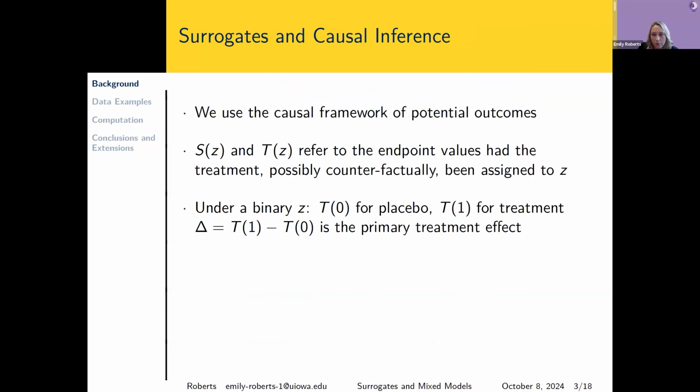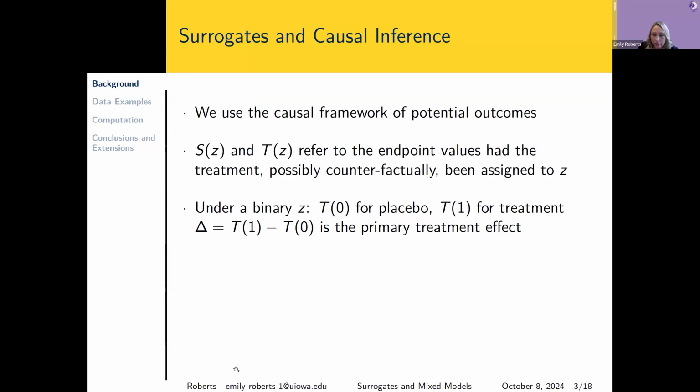For my potential outcomes or counterfactuals, I'll use this notation with parentheses where S(Z) and T(Z) refer to the respective endpoints had they been set to treatment level Z. I'll also be focusing on the case where we have a binary treatment. In this case, we can simply write out the potential outcomes for the true outcomes as T(0) under placebo and T(1) under the active treatment.